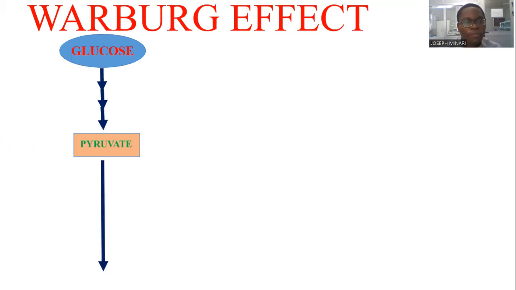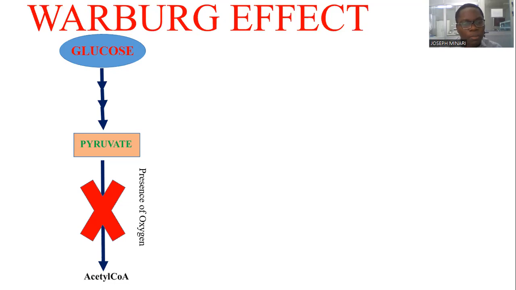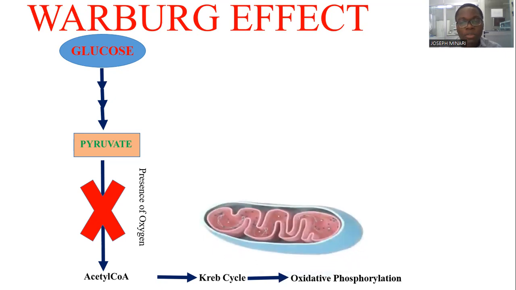But under the Warburg effect, where we have our glucose, we now have similar reactions that lead to production of pyruvate. But this time around, we have sufficient oxygen. But in the presence of sufficient oxygen, we don't have acetyl-CoA leading to the Krebs cycle, and from there going to oxidative phosphorylation inside the mitochondria.